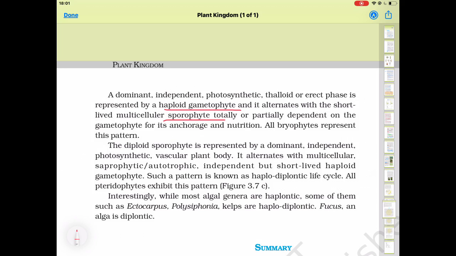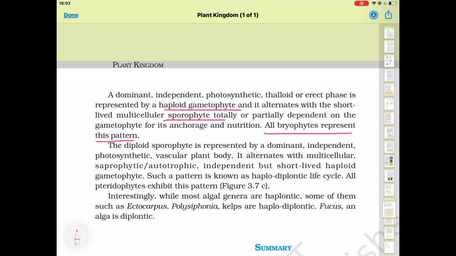The sporophyte remains attached to the gametophyte, in which foot, seta, capsule type structure is present. That structure is attached to the gametophyte for anchorage and nutrition. The sporophyte obtains its nutrition from the gametophyte. All bryophytes represent this type of life cycle.